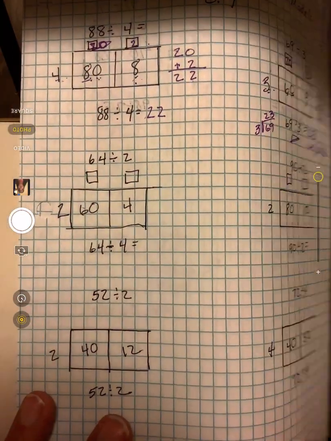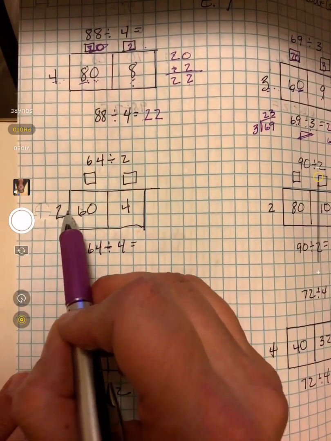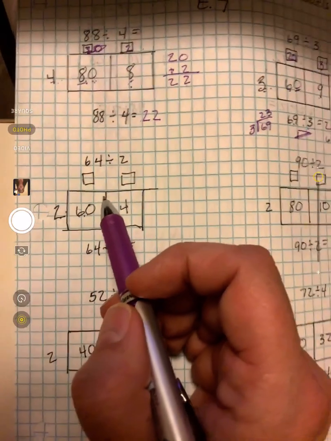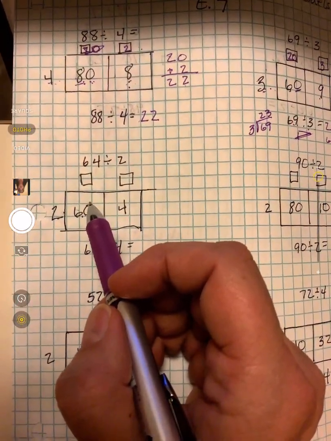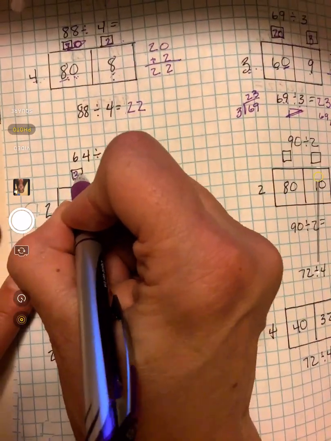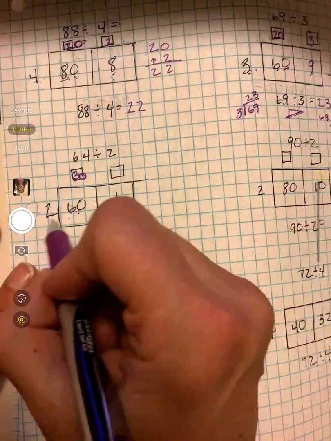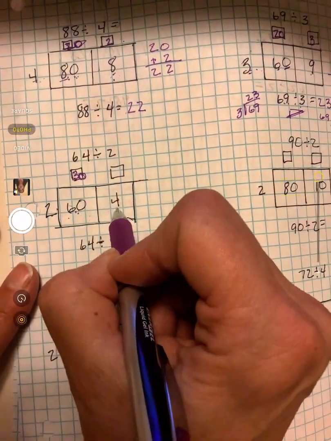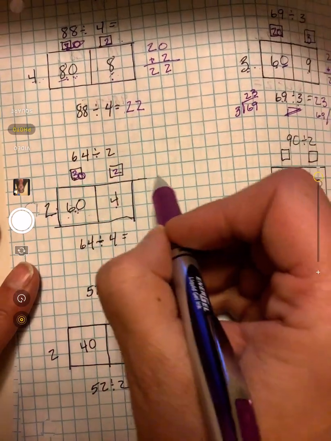All right, so 6 divided by 2, or 2 times what equals 6? 2, 4, 6. I get 3 there, so this would be 30, okay? And then 2 times what equals 4? 2 times 2, okay?